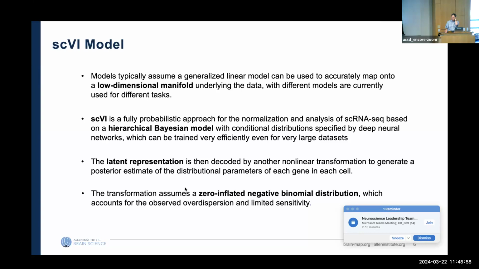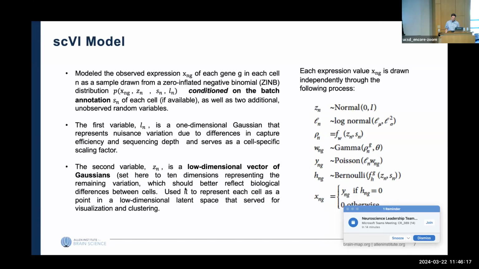Oftentimes the problem with a simpler distribution is that we don't have good control over the variance as a parameter. And this negative binomial distribution allows us to co-vary both the mean and the variance. This is the model here. It's this hierarchical model of various assumptions about the data that goes in.